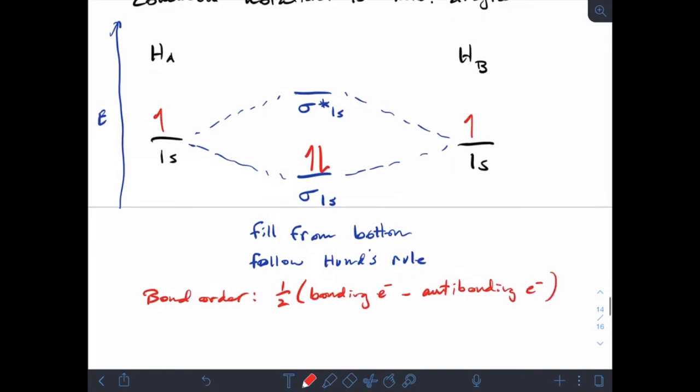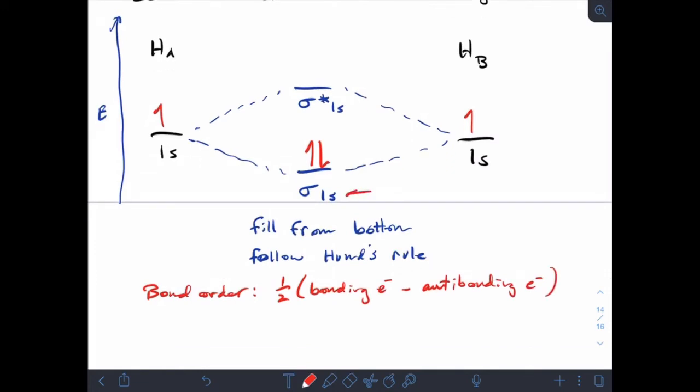So in our case, sigma 1s, those are the bonding electrons, and the star are the antibonding.